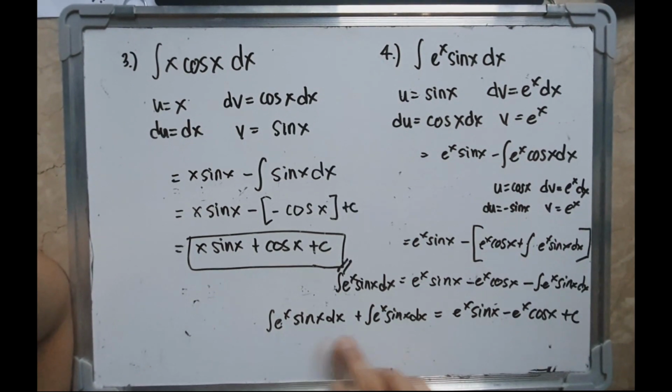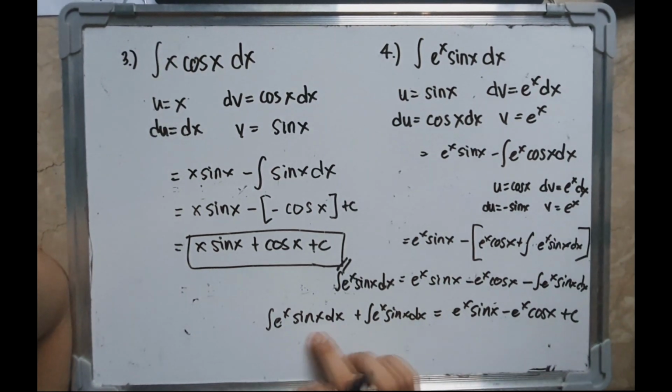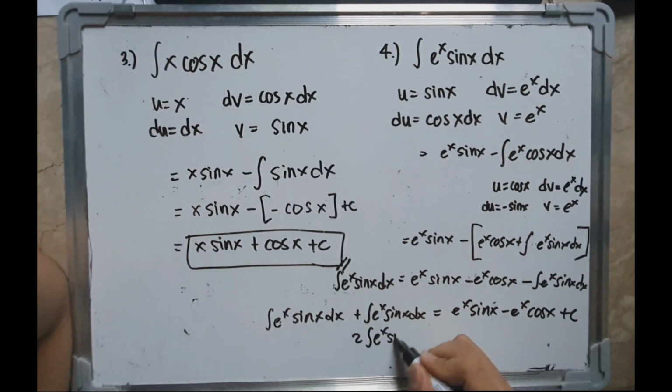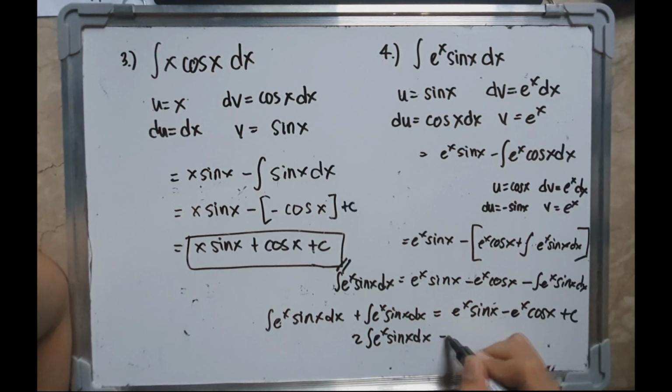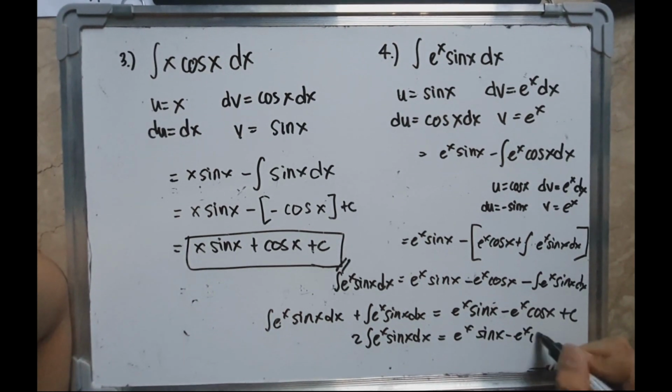We could add the two integrals because they have the same terms inside. So this will be 2 times the integral of e to the x sine x dx, equals e to the x sine x minus e to the x cosine x plus c.